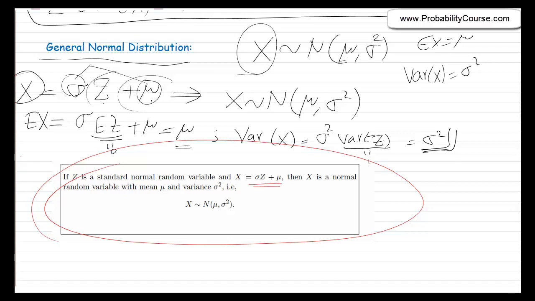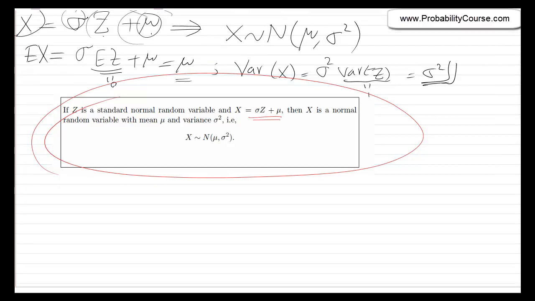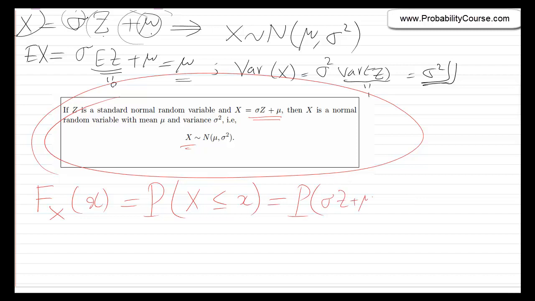Well, we can find this from the CDF and PDF of Z. For example, what is F_X of x? The CDF of a random variable that is defined in this way is the probability that the random variable X is less than or equal to x, which is equal to the probability that we can replace X by sigma times Z plus mu less than or equal to x, which is given by the probability that Z is less than or equal to x minus mu over sigma.